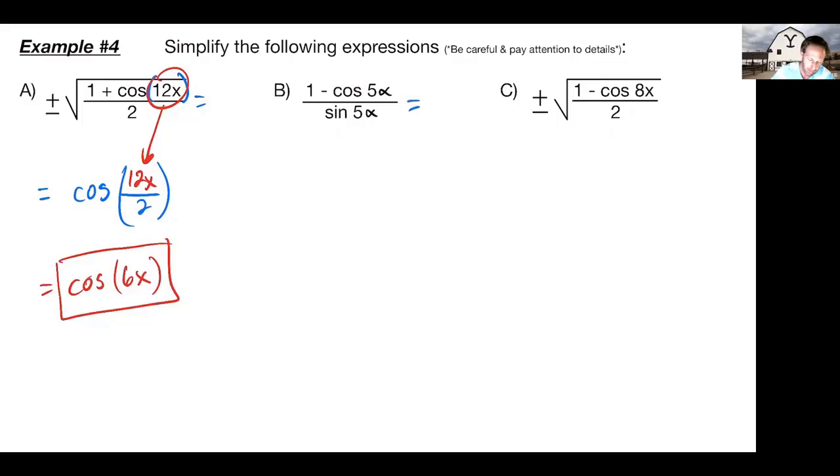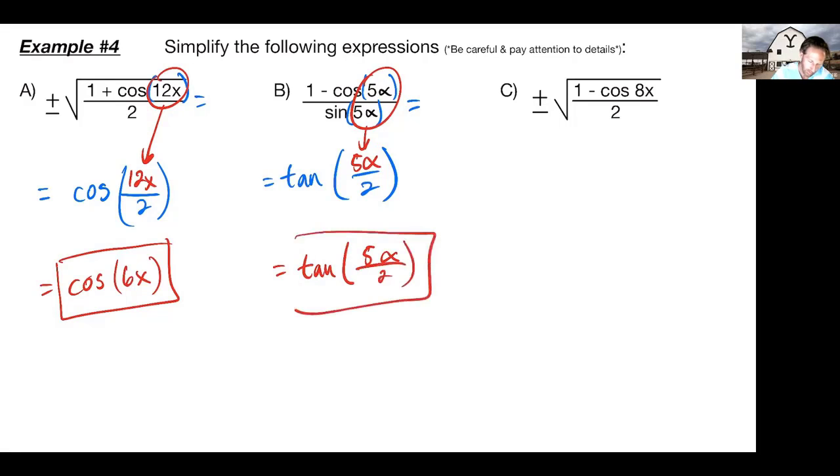So yes, this is a tangent half angle formula. And the angle they gave us this time is 5 alpha. So we would be taking that angle and putting it there. Now, is there anything that we can do with that? No. So my final answer is simply the tangent of 5 alpha over 2.